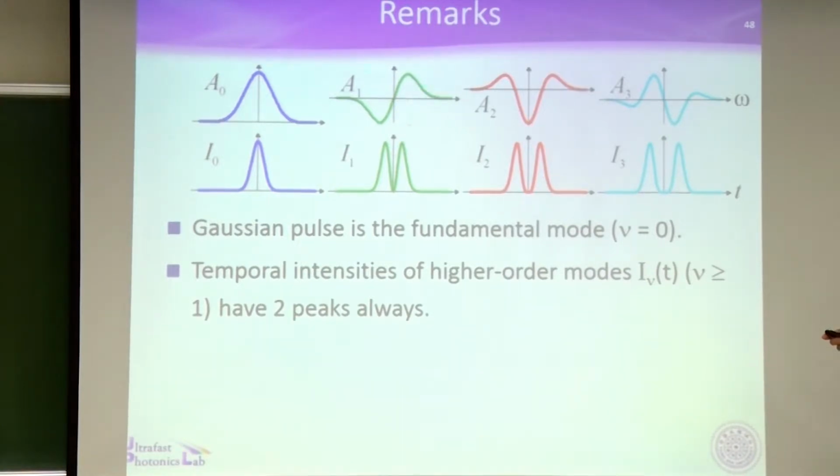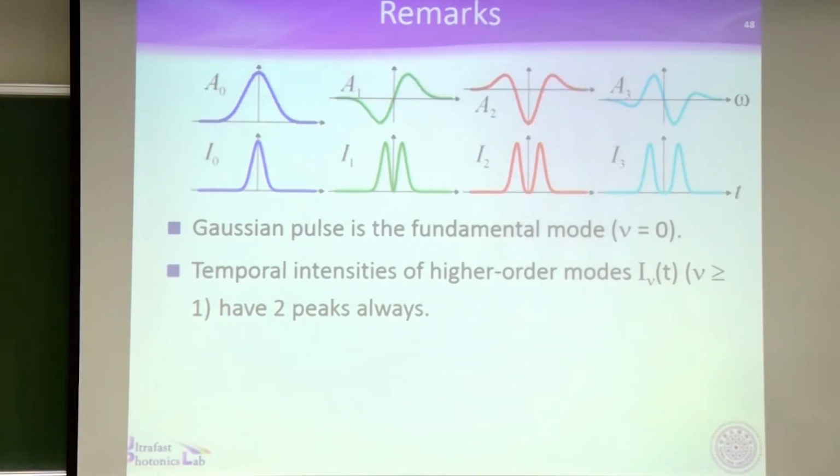This is the first higher order mode. The upper one is your spectrum, which is a first order Hermite-Gaussian function. But the bottom one is the time domain intensity distribution, which has a double peak structure, right? If you observe the second higher order mode, you have a different Hermite-Gaussian spectrum, more peaks, right? The green one has 1, 2, but the red one has 1, 2, 3, right? Even higher, you have 1, 2, 3, 4. You have more and more peaks in frequency domain.